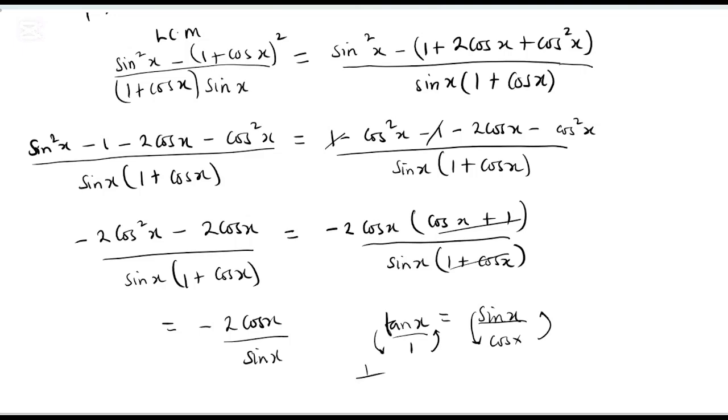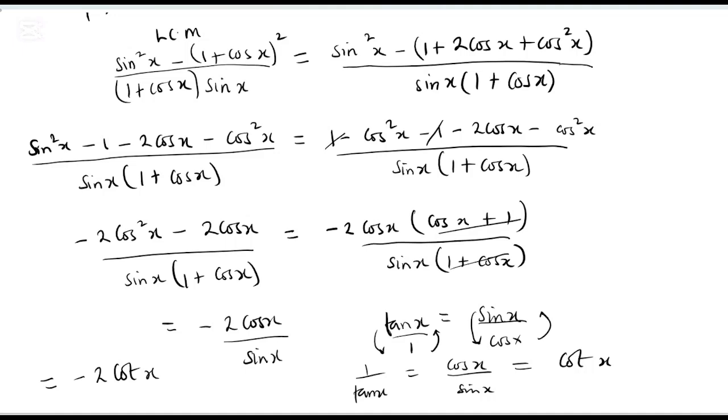So I have 1 over tan x, which is the same thing as cos x over sine x, which is also cotangent x. So this is equal to minus 2 cot x.